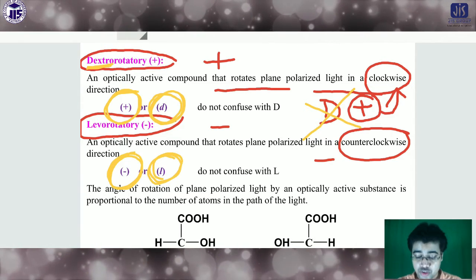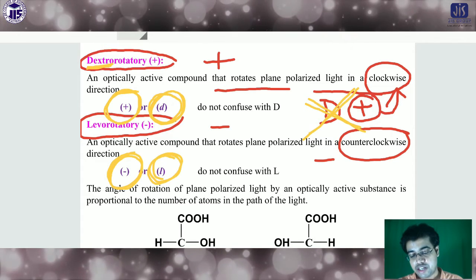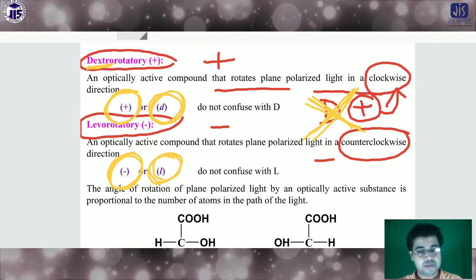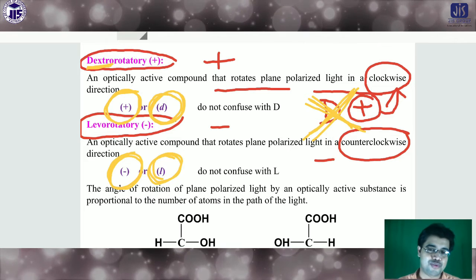These two things are very important, you have to keep them in mind. That's why I told you not to use capital D and capital L here, as they are used for another purpose.